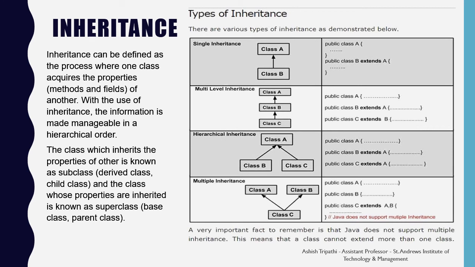In multiple inheritance, more than one parent class derives a single child class. But this type of inheritance is not possible in Java. Hence, Java does not support multiple inheritance.